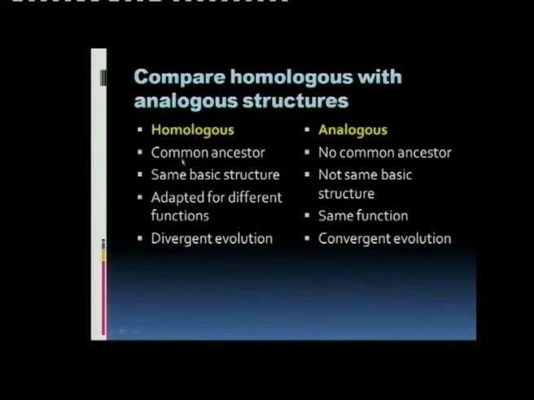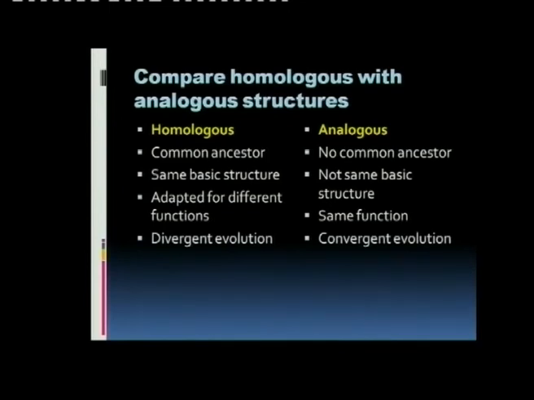Here you see homologous structures or organisms share a common ancestor. Analogous ones don't share a common ancestor. Homologous structures have the same basic structure, and we refer to the pentadactyl limbs, while the wing of an insect differs completely from that of a bird.